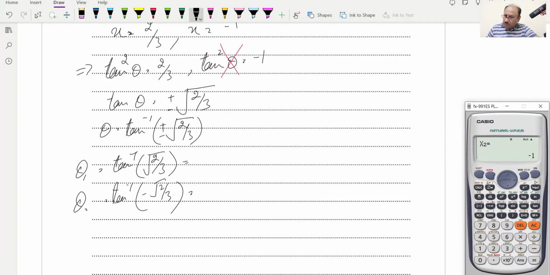We can use shift tan of under root of fraction 2 over 3 and close the bracket, and this will be equal to 39.23.